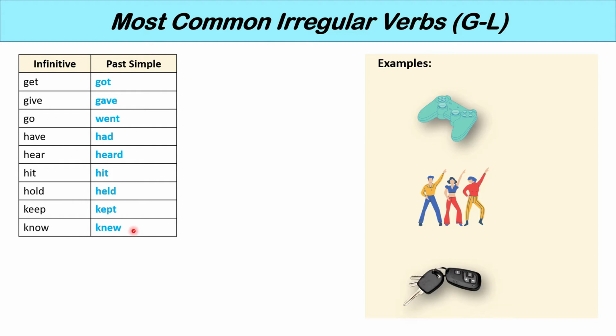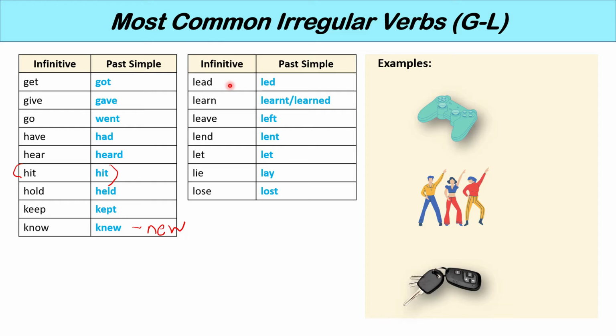Know, knew. You can see that hit is the same in the infinitive form and in the past simple. And the verb knew is pronounced the same as the adjective new. It is a homophone.